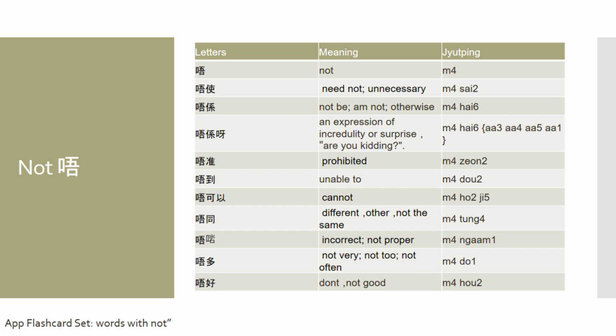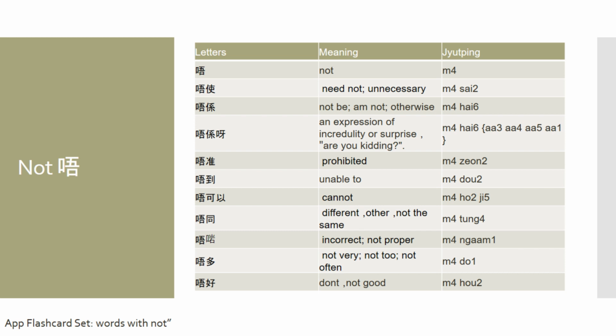Now, if you would say unable to, then you could say 唔到. So for example, if I want to say unable to do, then I would say 做唔到.